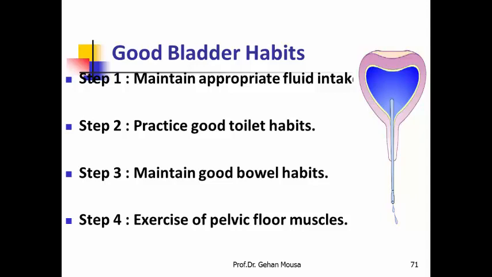Good toilet habit according to the scheduling designed by the physical therapist and nutrition therapist. Maintain good bowel habits to prevent any constipation, to prevent any intra-abdominal pressure that increases on the bladder, resulting in pushing or allowing easy get rid of urine.